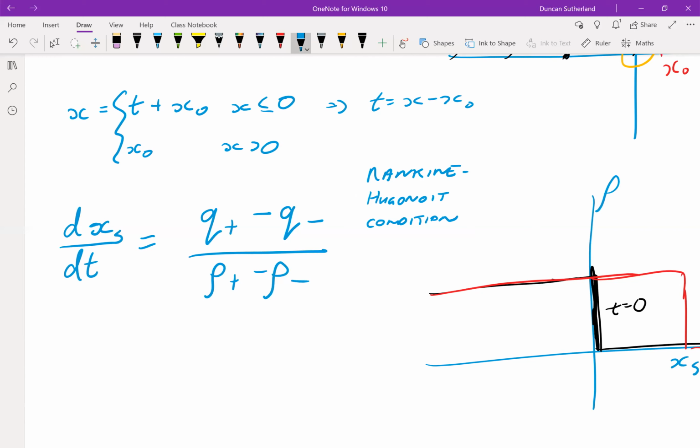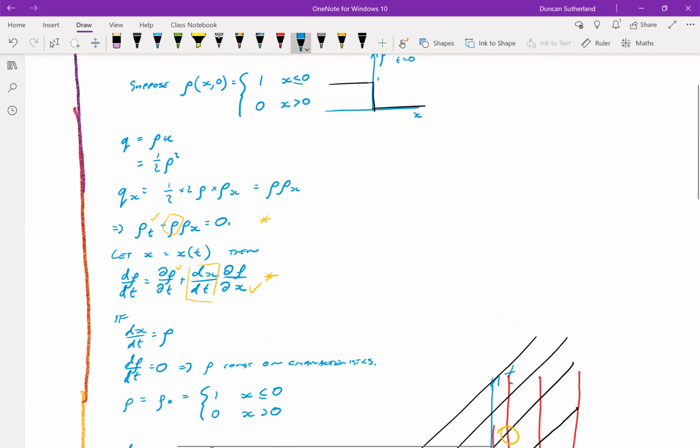All right. We know what Q is. We know what rho is. So we can actually work this out. Right at the start, we said Q equals 1/2 rho. Oh, oops, maybe it was rho squared.